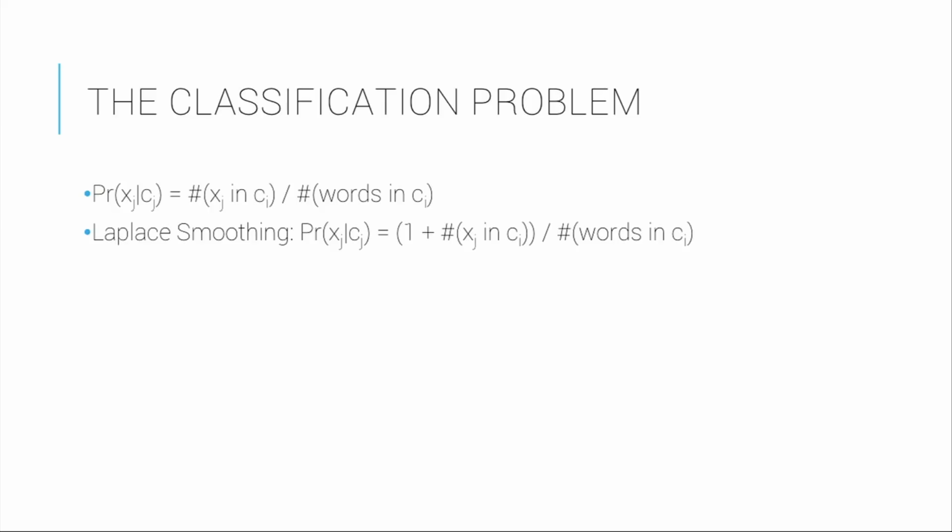And you know that the probability of a word given a class is going to be the number of times you see that word in that class divided by the number of words you have in that class in general. It's just like how baby was 2 over the number of words that I had in the lyrics. So just the frequency.